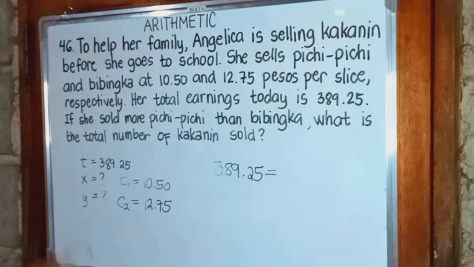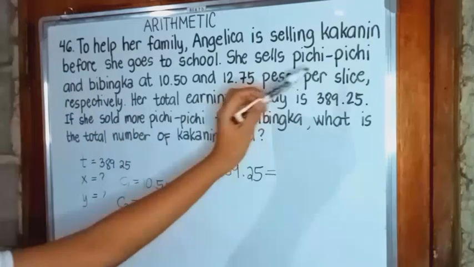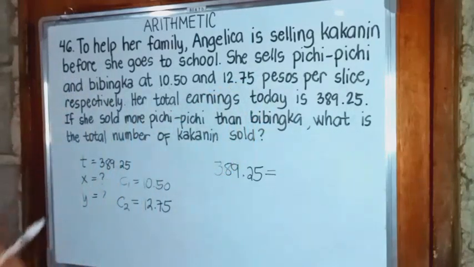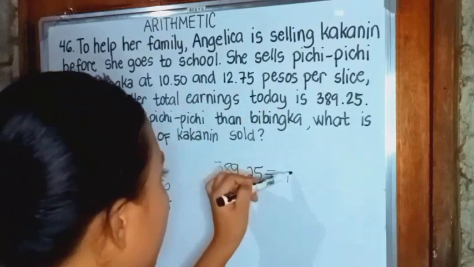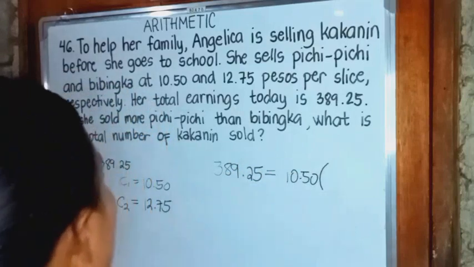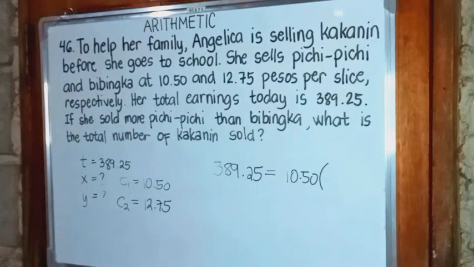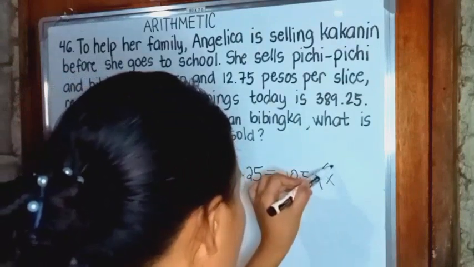So, if X is the pichi-pichi and it costs 10.50 pesos, that is 10.50 pesos times the number of pichi-pichi sold by Angelica, which is X.